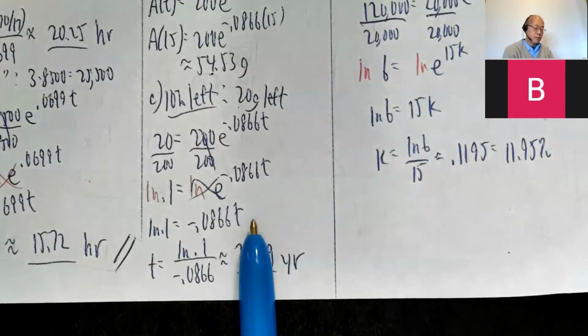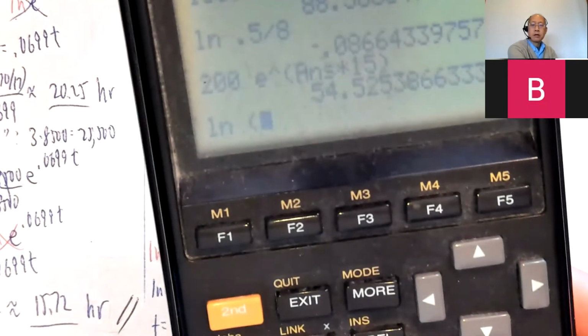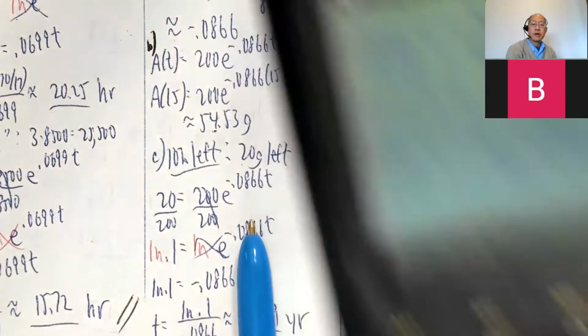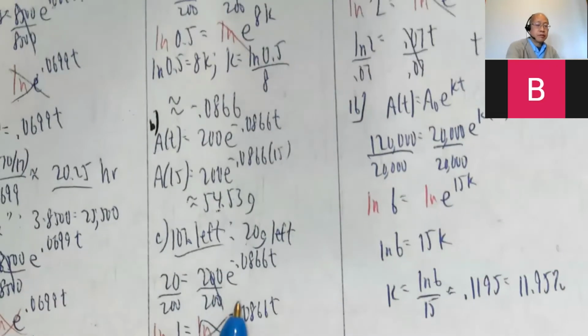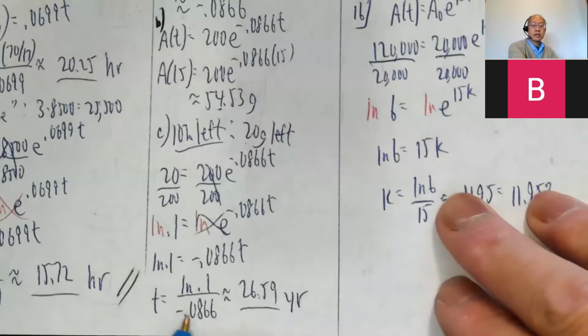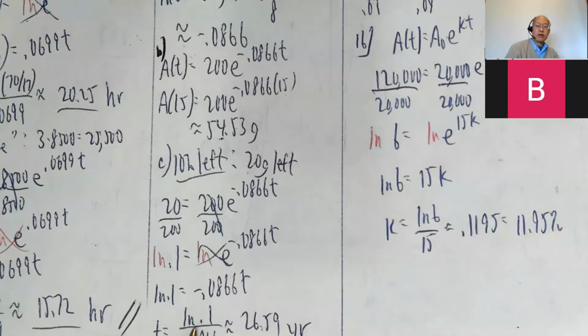ln of 0.1. Remember, for some of you, your calculator automatically gives you a left parenthesis, then you have to close it with a right parenthesis. So 0.1, and then divided by negative 0.0866. Again, watch out for the negative symbol on my calculator.